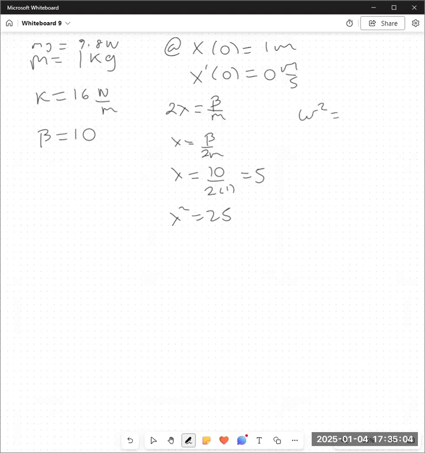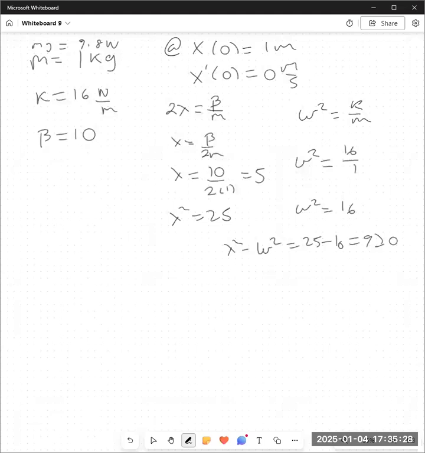Omega squared is k over m. Omega squared is 16 over 1. Omega squared is 16. So we have lambda squared minus omega squared is 25 minus 16 is 9, which is greater than 0.